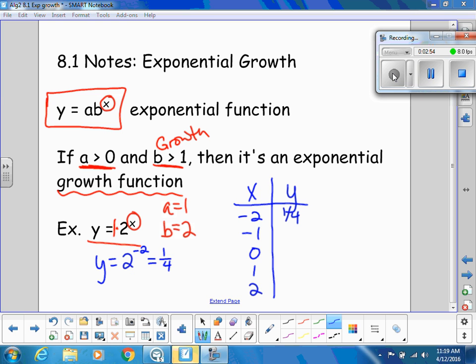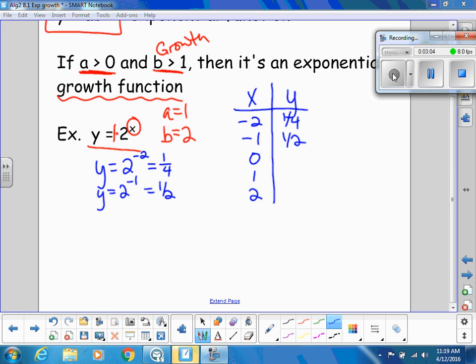And if I plug in negative 1 into that exponent, you're going to get 1/2 or 0.5. And if I plug in 0, now you should know that any number raised to the 0 power is going to be equal to 1. Whether this was 2 to the 0 power or 5 to the 0 power or 372 to the 0 power, that would always equal 1 when I plug in 0.